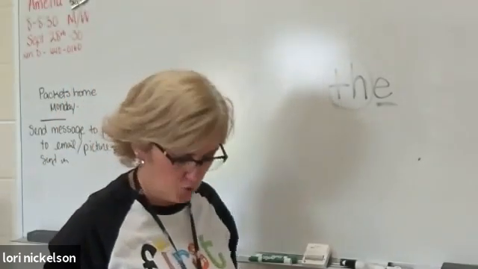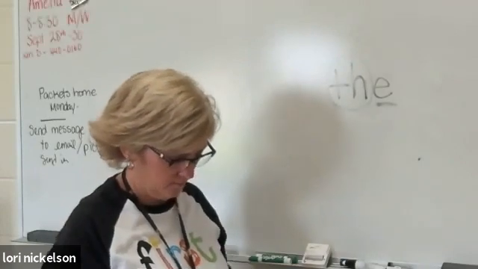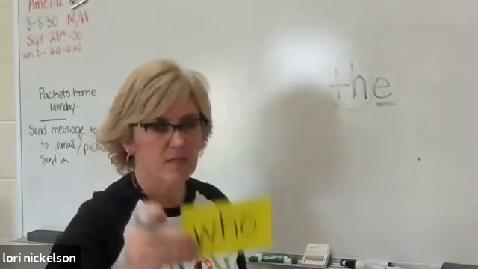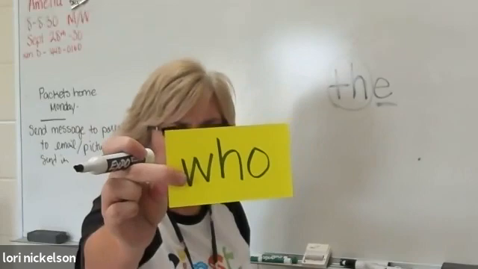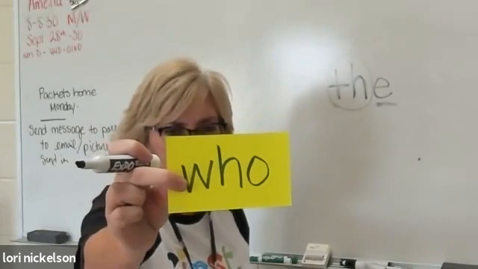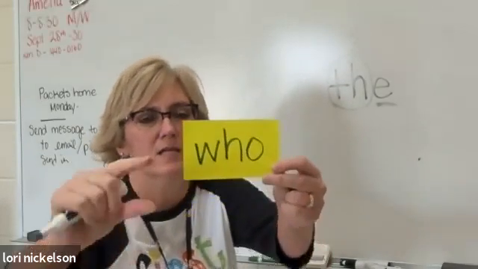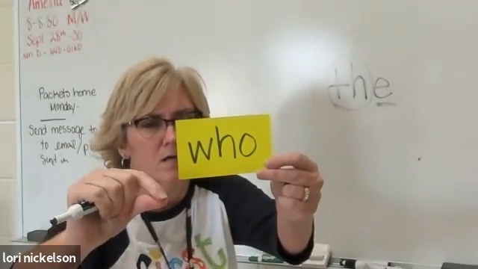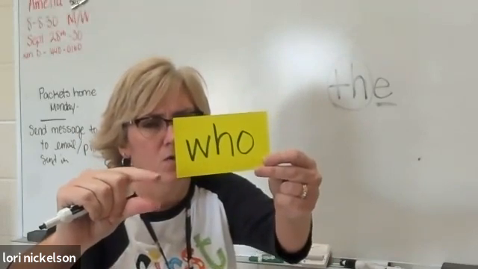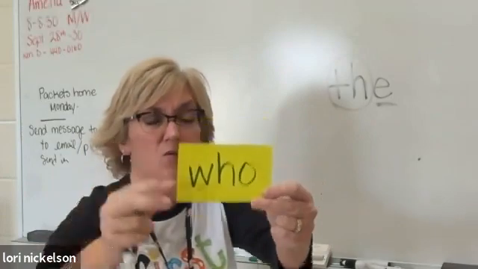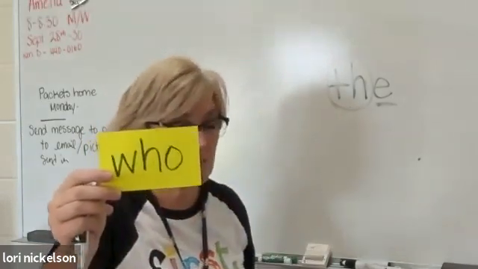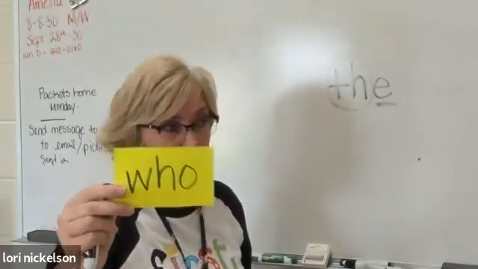Our next tricky word is this word. And what word is that? Let's try blending it. Wuh-huh-oh, wuh-huh-oh. Well, you wouldn't blend it that way because this word is who.